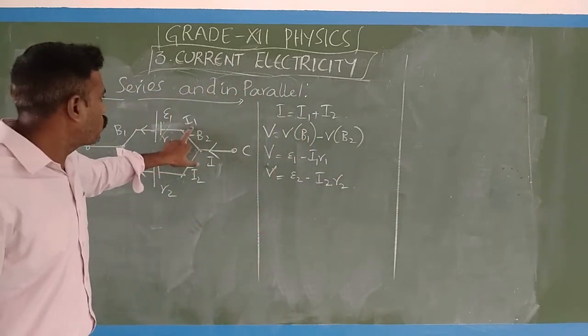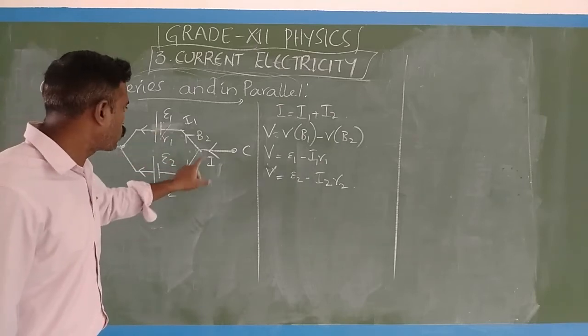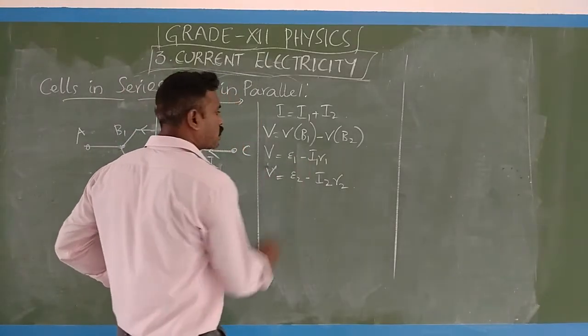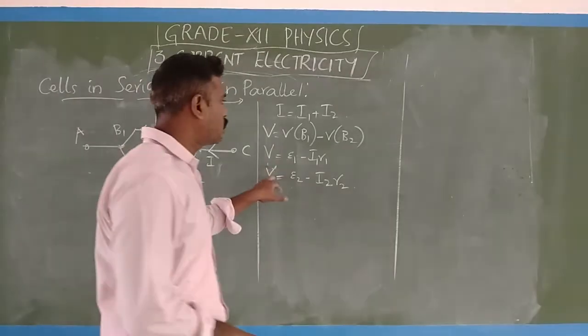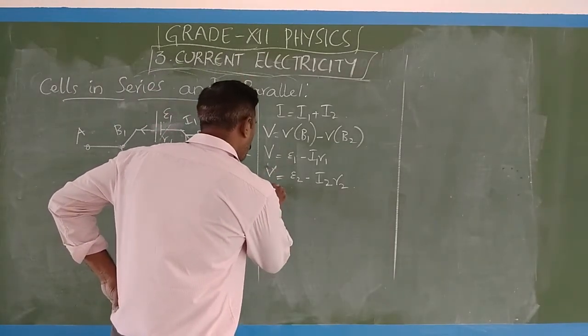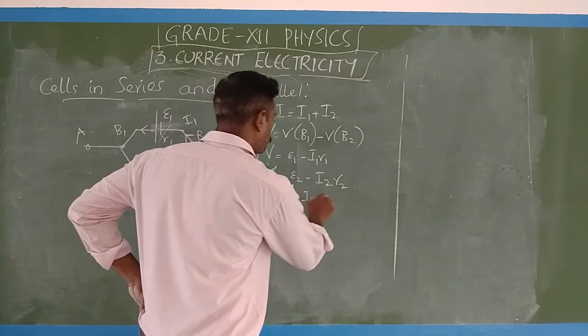Okay, I1 R1 here, I2 R2. So now I can equate these two equations because both are equal. Now I is I1 plus I2.